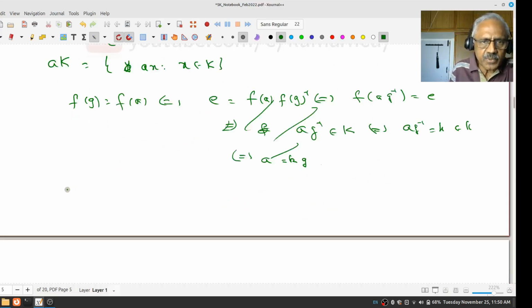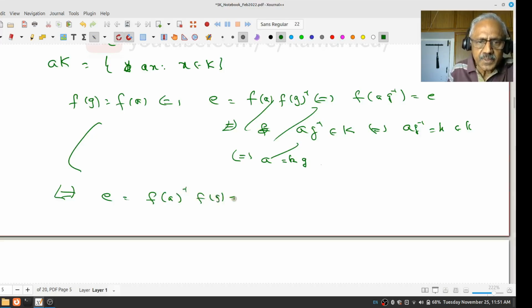Therefore, this is if and only if identity equals f(a) times f(a) inverse, f(g) is identity.